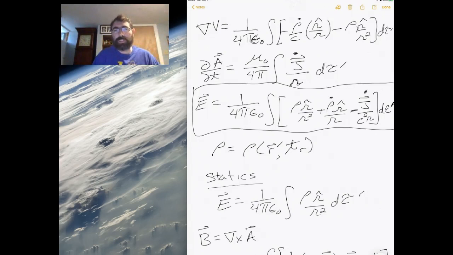We can consider now calculating the electric field and magnetic field when current and charge are static, when current and charge are changing. And all of this from the start was in the Lorentz gauge, where information cannot travel faster than the speed of light. So another aspect of this is that these equations hold for special relativity.